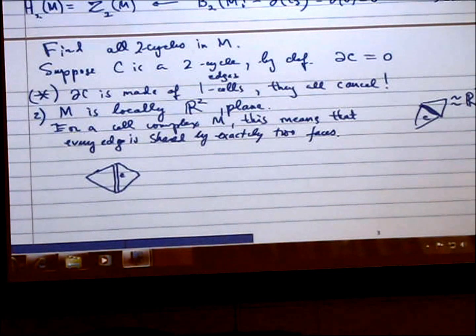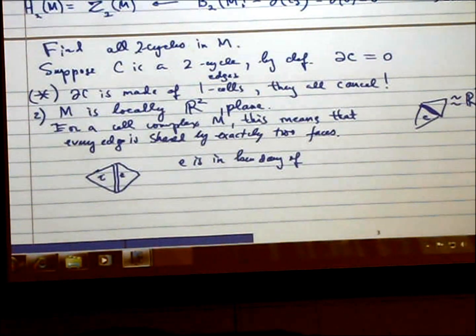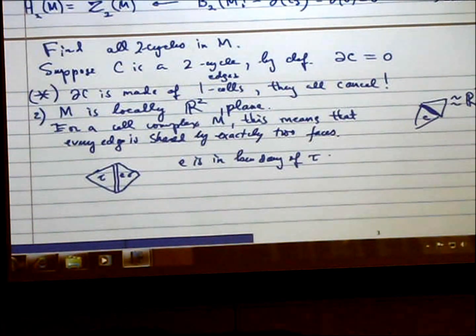So suppose this is E, and E is in the boundary of, say, tau and sigma. Now, what can you say about C?